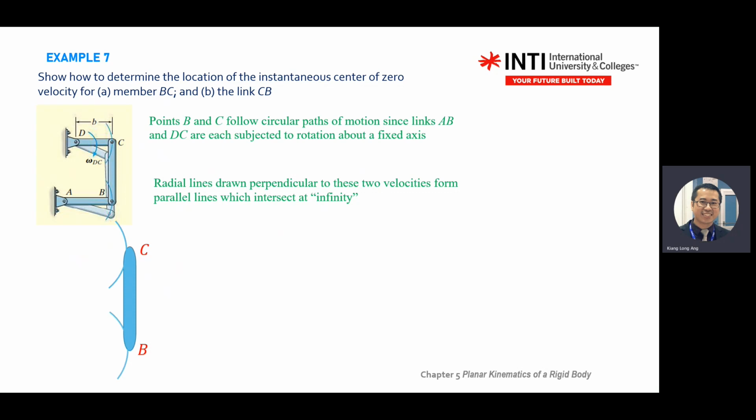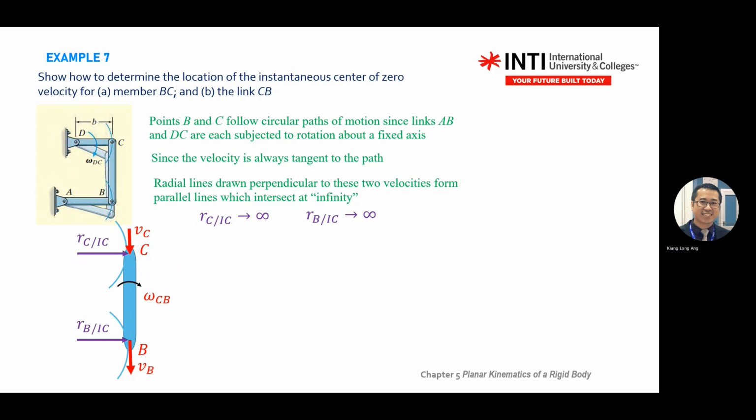So I did explain the steps here. R from the IC to C is infinity, in this way or in this way. So it's from somewhere a very long way to the point, and the arrow is also important. You know the IC is somewhere here, but it's at infinity.